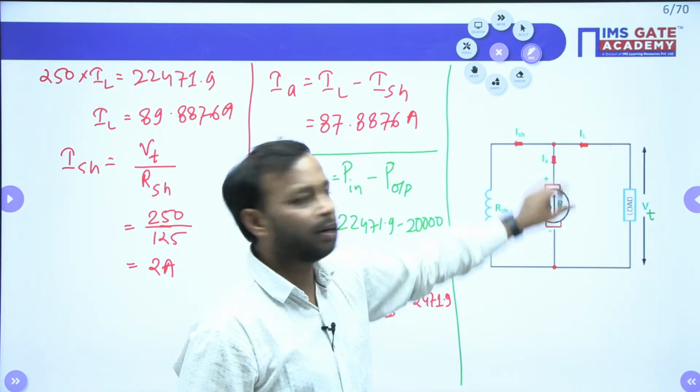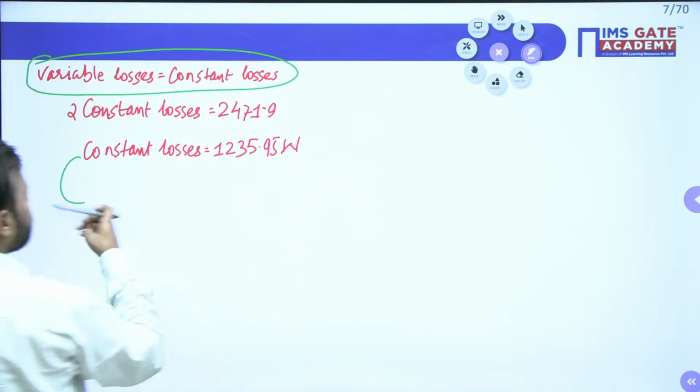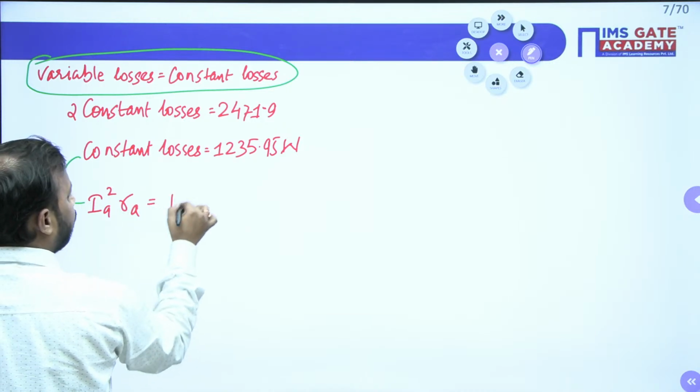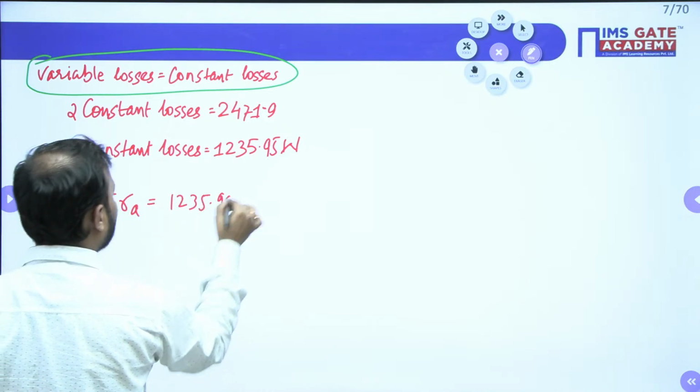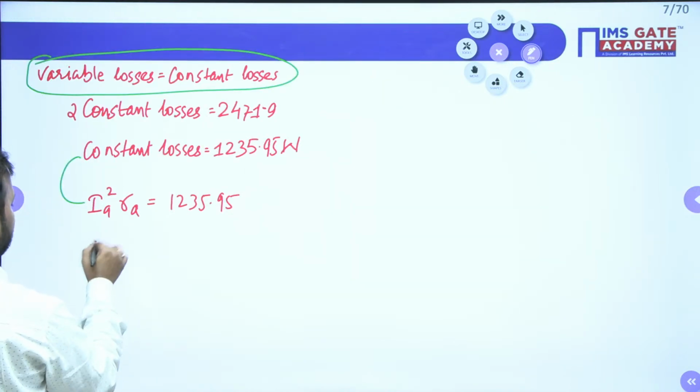So here the variable will be the armature current. So IA square into RA is equal to 1235.95, and we have calculated IA as 87.8876.